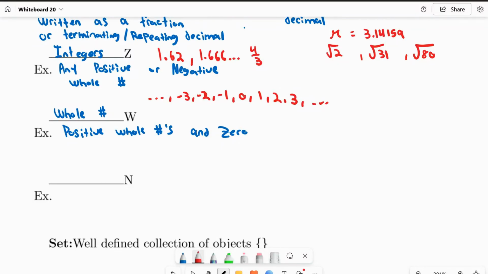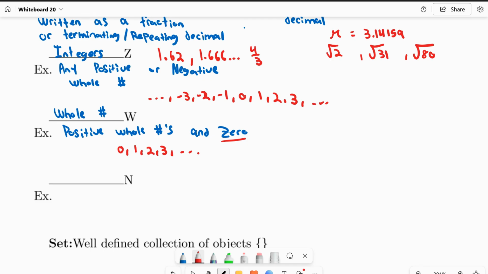Okay, that is the important part about whole numbers. So whole numbers do not account for negatives like integers do, but instead it starts at 0 and works its way positive.